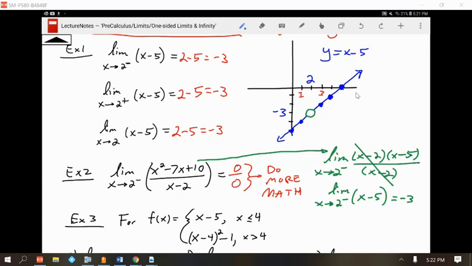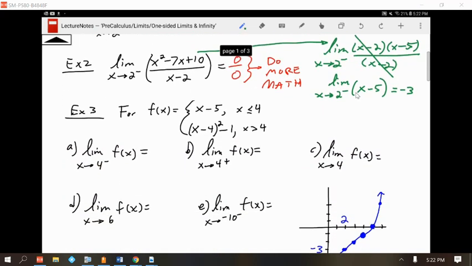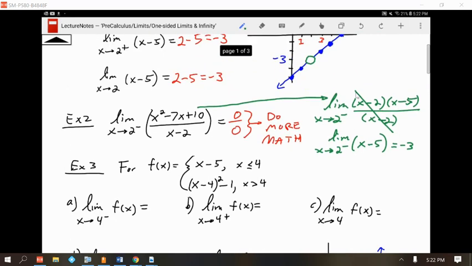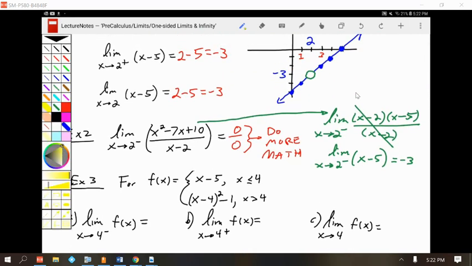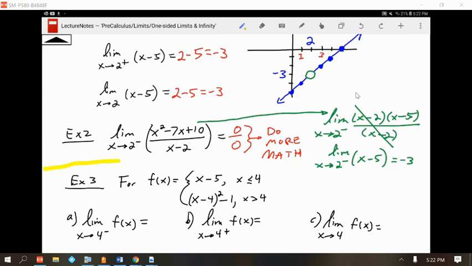So how do one-sided limits, left and right limits, change from the both-sides limit? The big difference is you don't do anything different unless you have a piecewise function, because what will happen very often with one-sided limits is piecewise functions. Piecewise functions look kind of confusing, and they can make the questions more exciting.